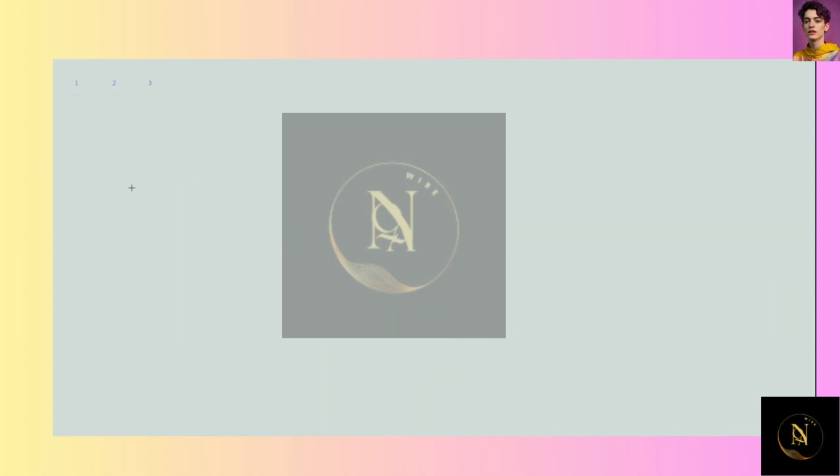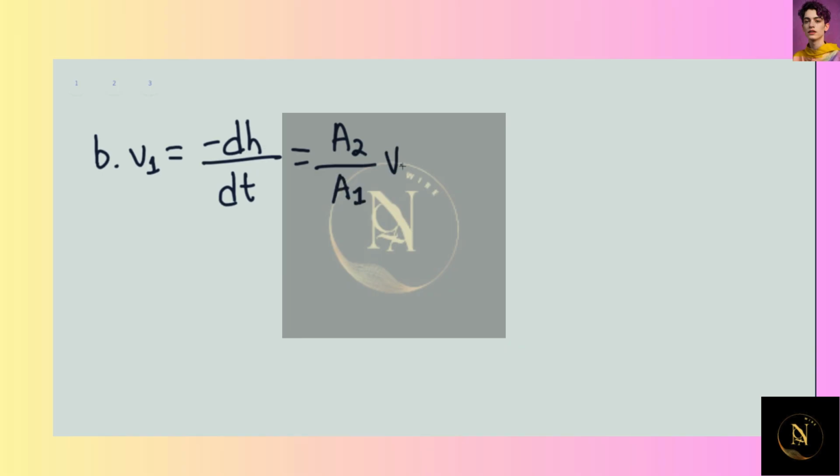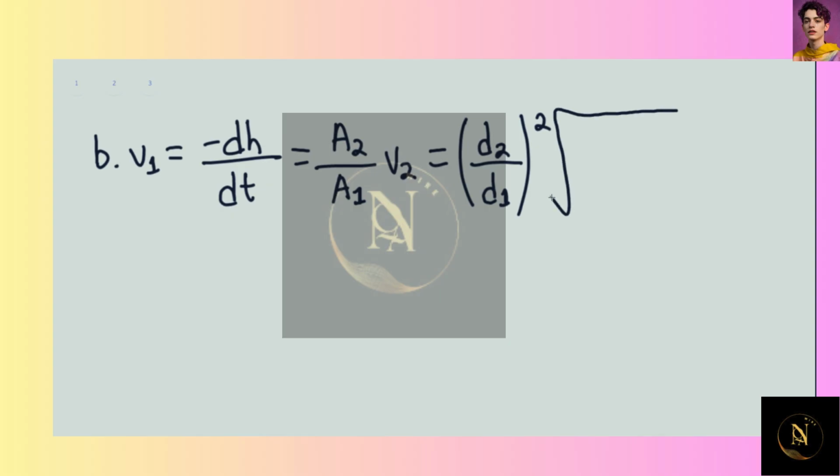For part B, we know that v sub 1 is equal to the negative derivative of the height with respect to time, and this is equal to a sub 2 divided by a sub 1 multiplied by v sub 2. So this is equal to d sub 2 divided by d sub 1, quantity squared, multiplied by the square root of 2 times p naught divided by rho, the density, plus 2gh.